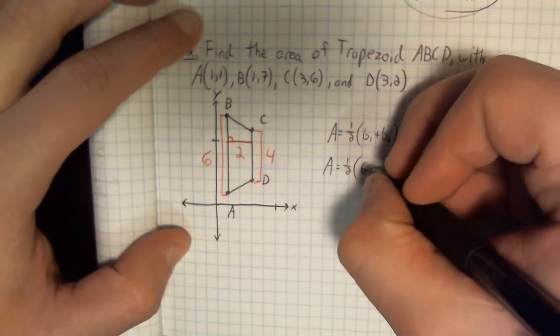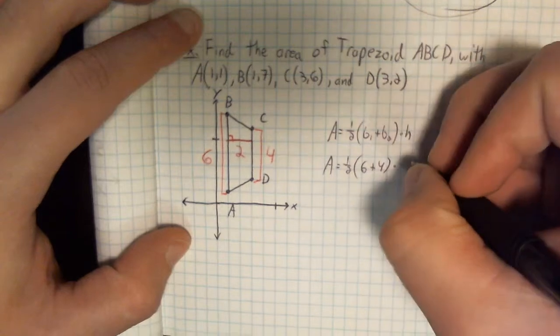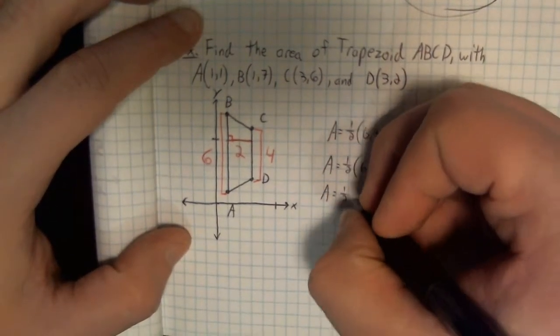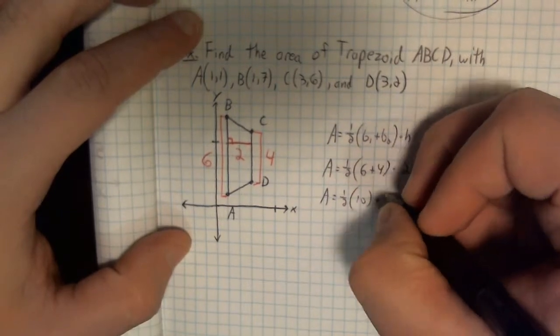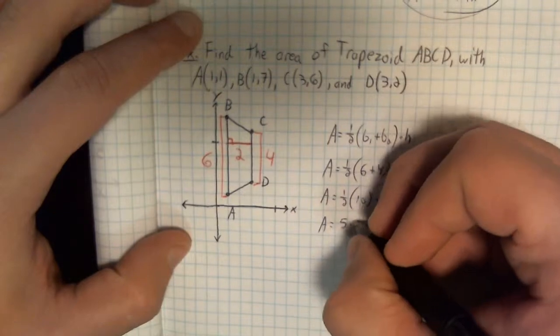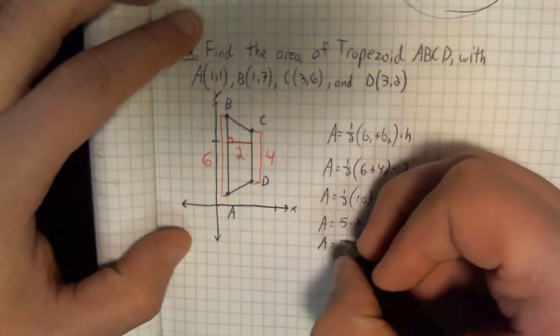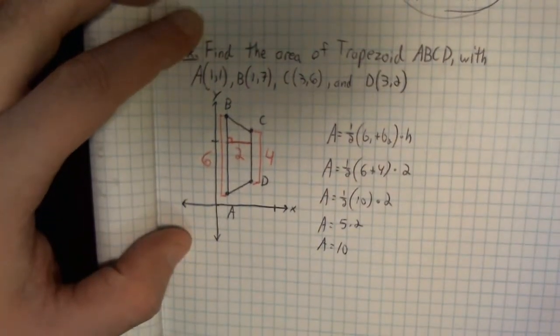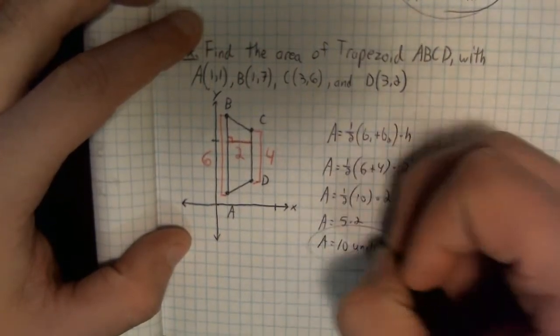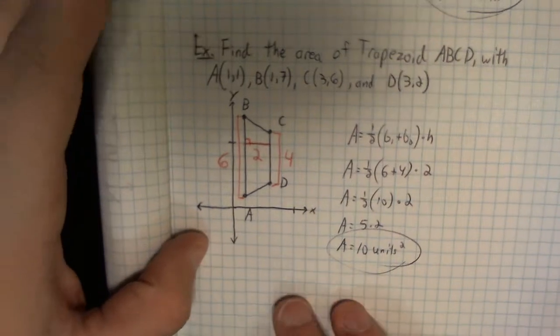We have 6 for base 1, 4 for base 2, and 2 for our height. That's going to be 1/2 of 10 times 2. 1/2 of 10 is 5 times 2. And lastly, 5 times 2 gives us 10 units squared. So that's it for area.